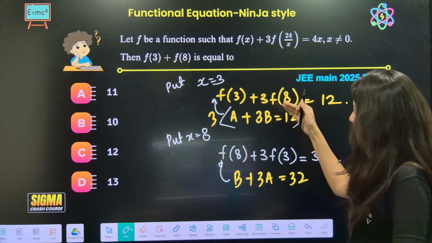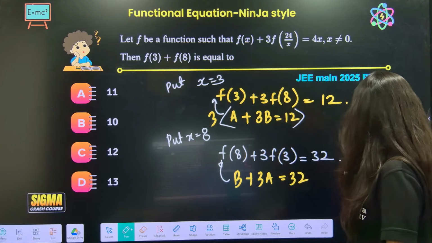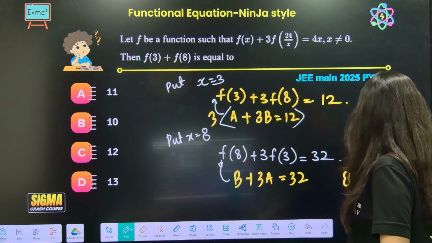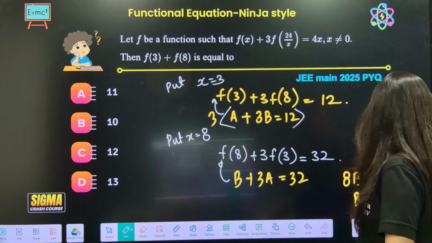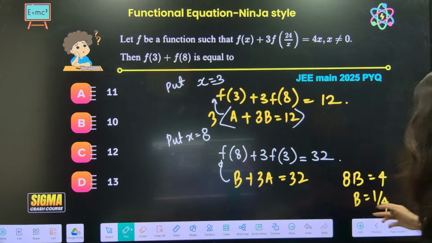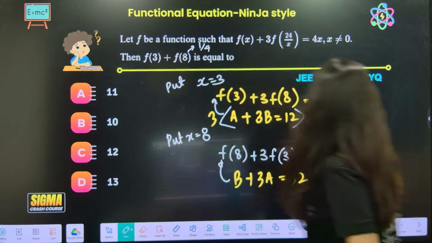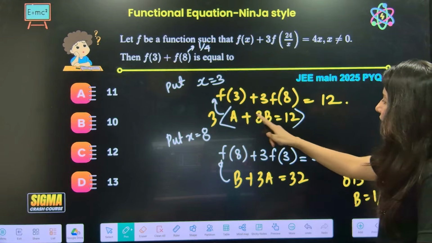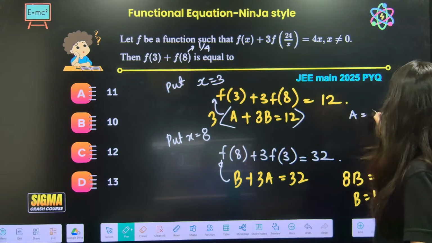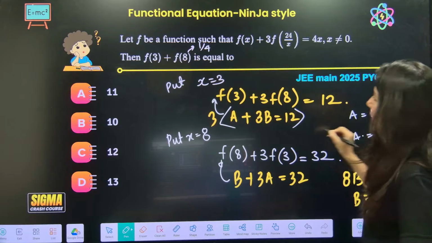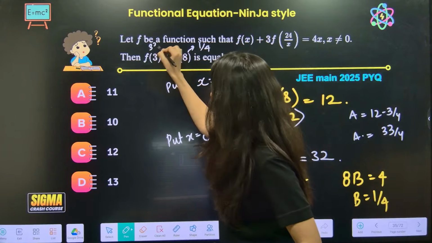So 8b is equal to 4, so b is 1 by 4. That means f of 8 is 1 by 4.